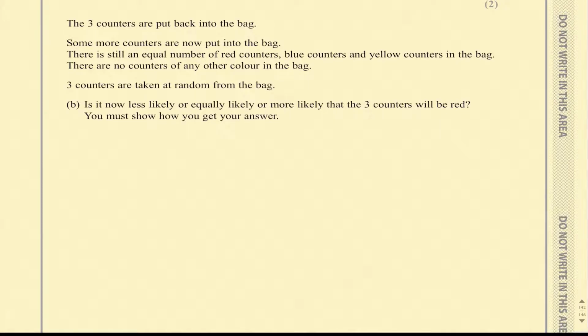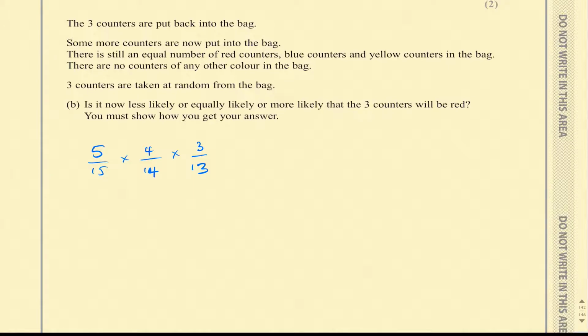Okay, so to do that, let's assume that we've now got 15. And so we're taking 5 of 15. So let's say there are 5 of each. So the total will be 15. So 5 over 15, we've taken 1 out, and we're left with 4 to take out from 14, times 3 over 13.